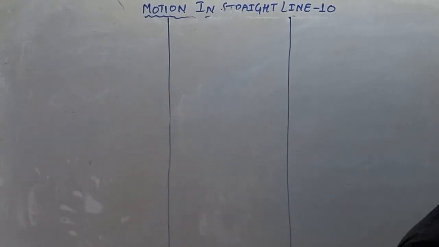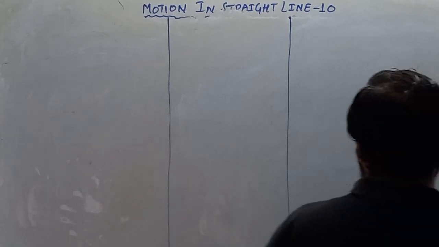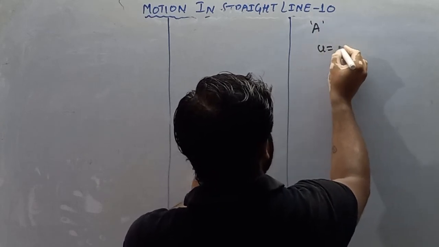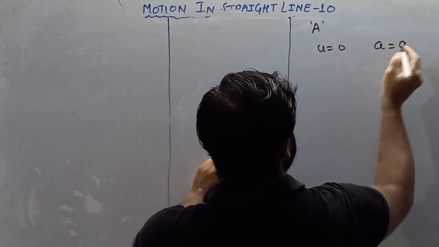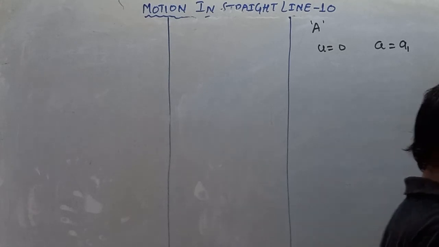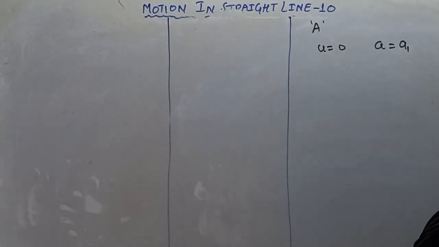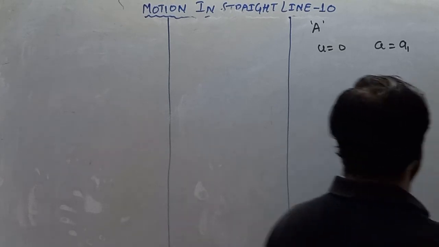Write down. A body A starts from rest with an acceleration a1. After 2 seconds, another body B starts from rest.